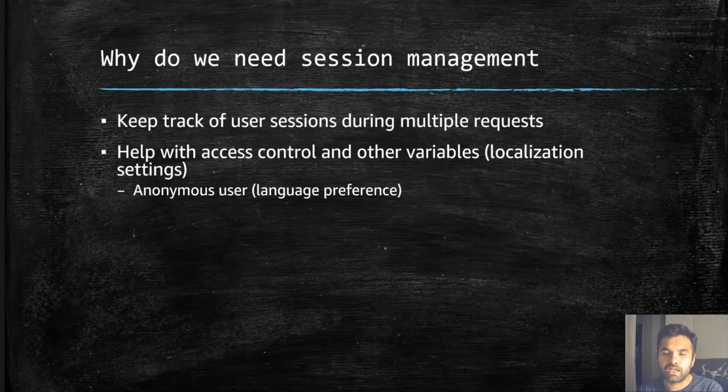So sessions allow applications to keep track of user sessions during multiple requests. When you're logged into Facebook or any application, of course, you are making so many requests. You do not want the application to ask the user to authenticate every time, as that would be a very bad user experience. So rather, it establishes a session which it will use throughout.